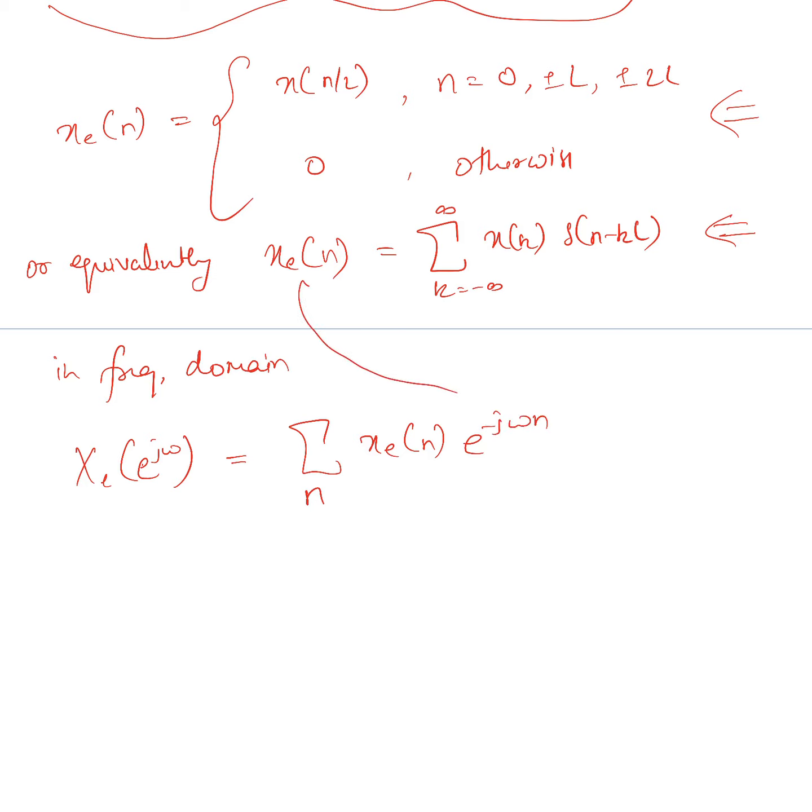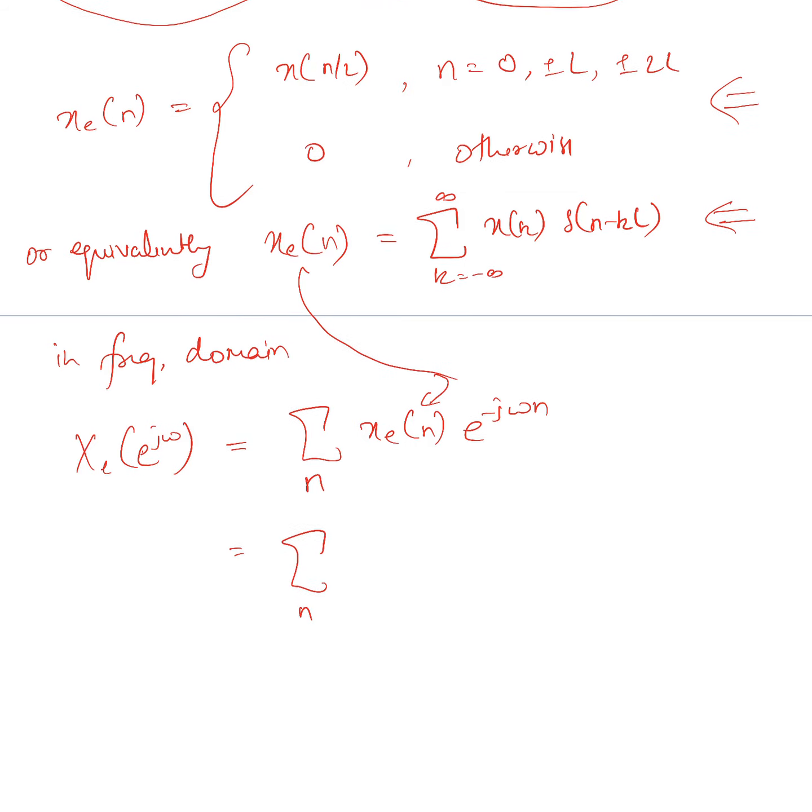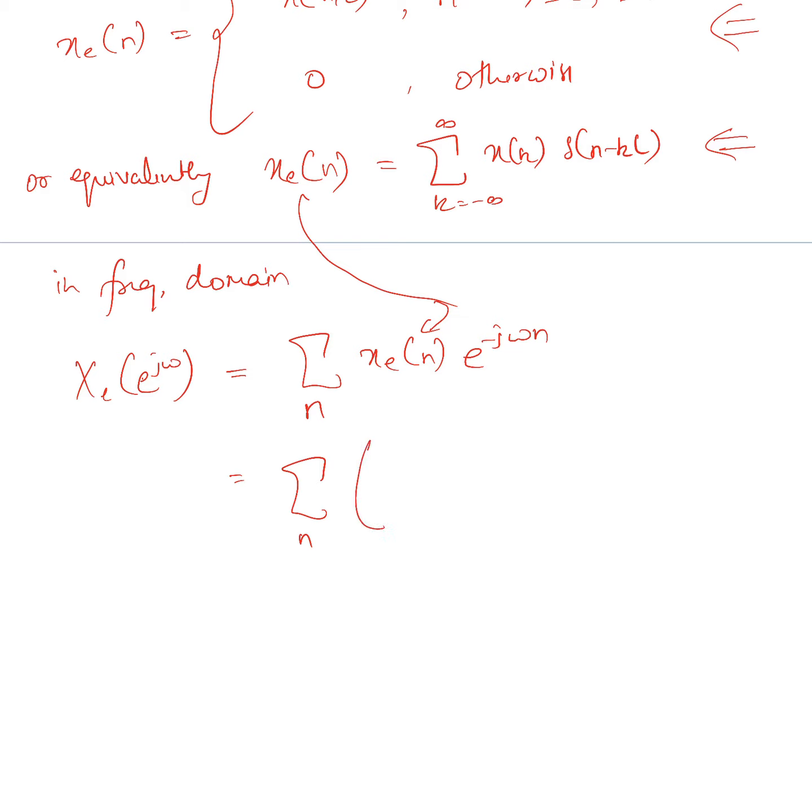Now substituting this xe here, you get the summation over n from minus infinity to infinity, then the summation over k of x[k] delta[n minus kL] e to the power minus j omega n.